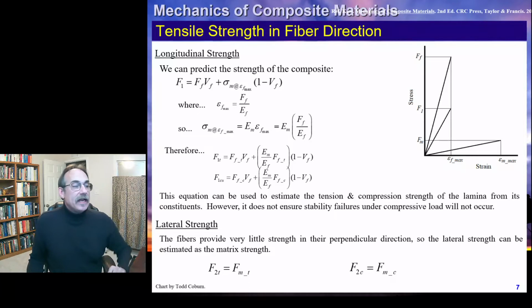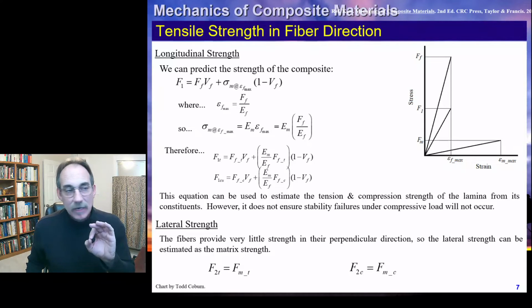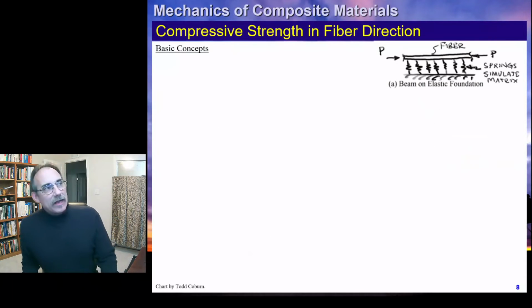So we could just estimate that as the matrix strength. So the allowable lamina strength in the two direction for tension is just the matrix tension strength, and the allowable strength in the two direction for compression is just the matrix compressive strength. Okay? These are fair estimates.